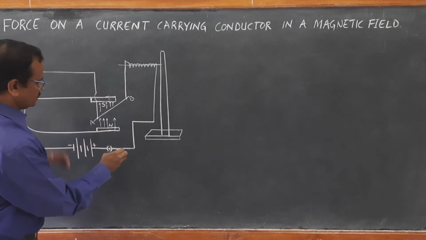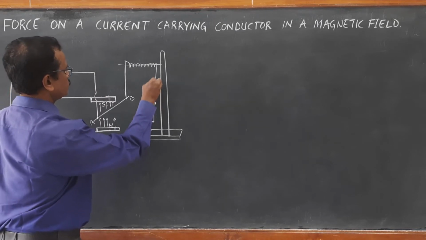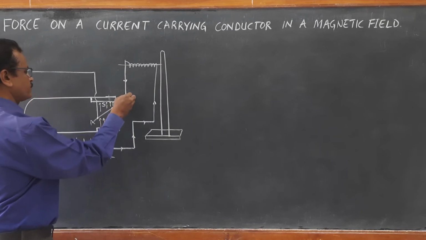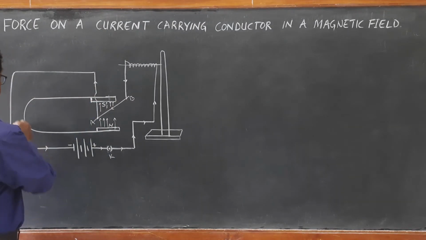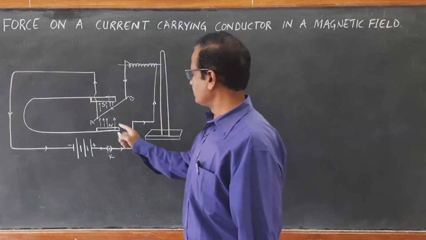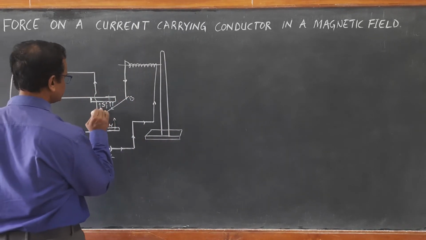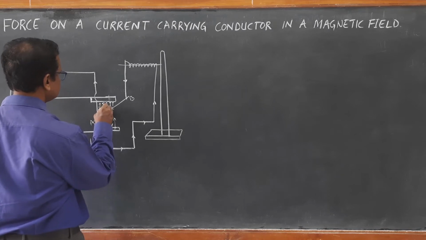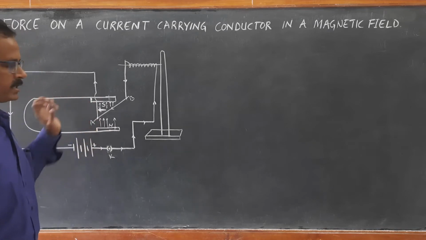Now when you close the key, the current starts flowing from the positive terminal, through this wire, from end B to A, and the circuit is completed. Suddenly you will find the wire AB getting deflected in this direction. The current carrying wire AB is now under a magnetic field.